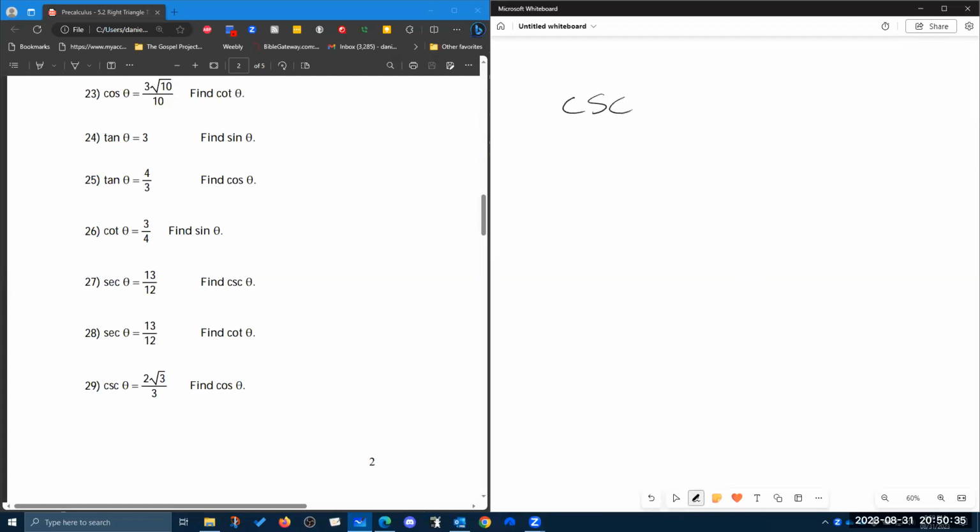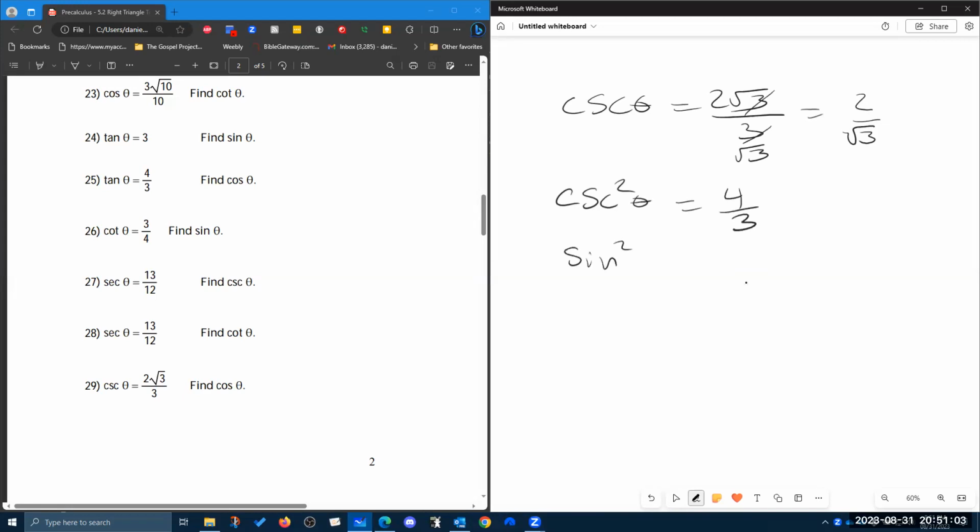If cosecant theta is equal to 2 root 3 over 3, which is the same as 2 over root 3, then cosine is going to be, let's see, cosecant squared is going to be 4/3. That means that sine squared is 3/4, and sine squared plus cosine squared is equal to 1.